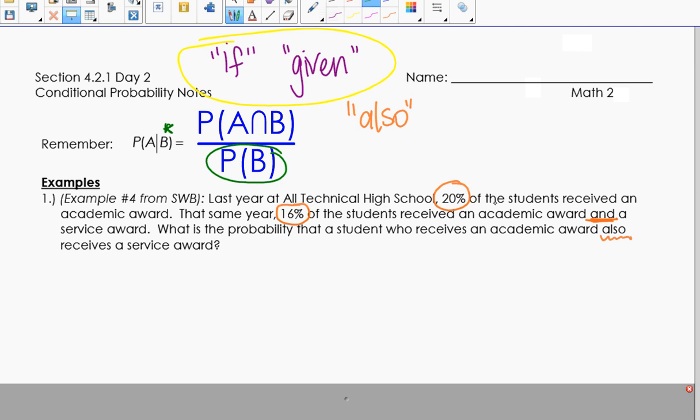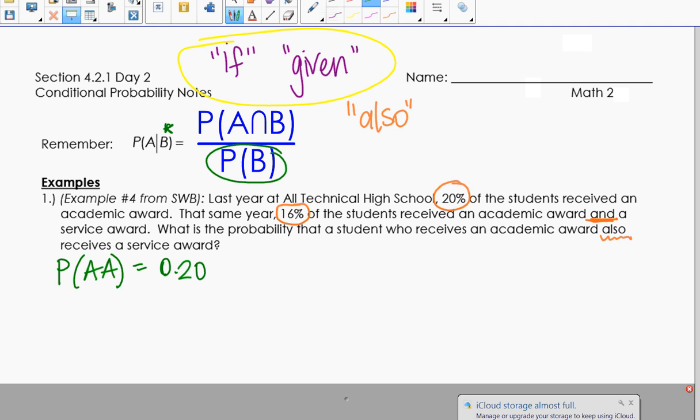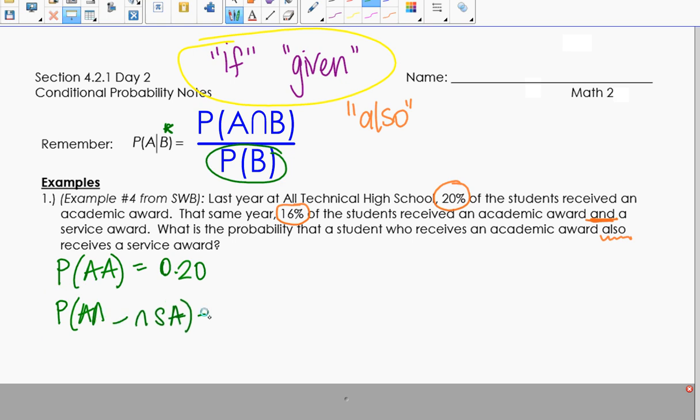So what I'm going to do is start by saying, okay, what does a 20% mean? It says 20% of students received an academic award. So the probability of an academic award is 20%, which I'm just going to write as a decimal, so 0.20. And then the 16%, it says that same year, 16% of students received an academic award and a service award. So the probability of an academic award and a service award is 16%, so 0.16.